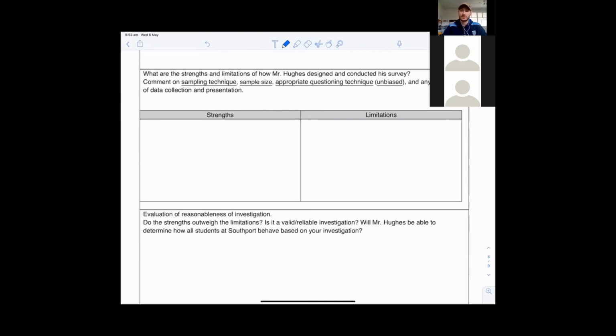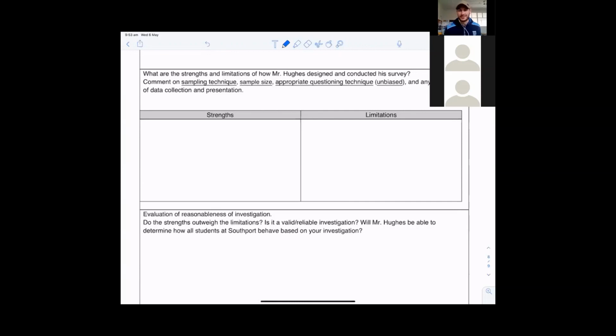Okay. After you've listed your strengths and limitations, it doesn't have it here because this is a basic scaffold, but I would highly recommend write down what the strength is. You can do that in dot points, but then discuss what that means. So if you say the sampling size was a strength, don't just write in strengths sampling size.